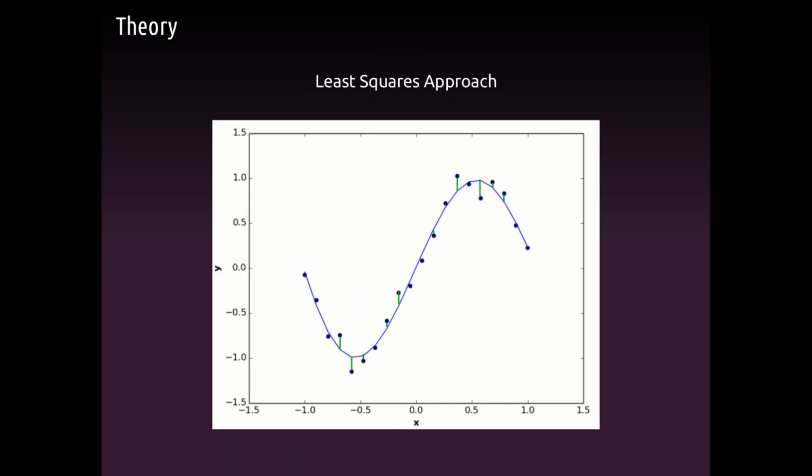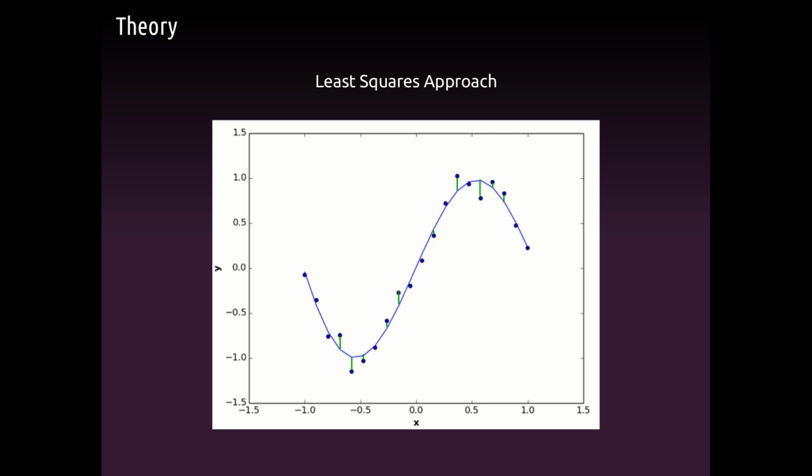Now we move to the theory behind the nonlinear regression topic, and in this video I will use the same methodology I have explained before in the linear regression topic, which is called the least squares approach.